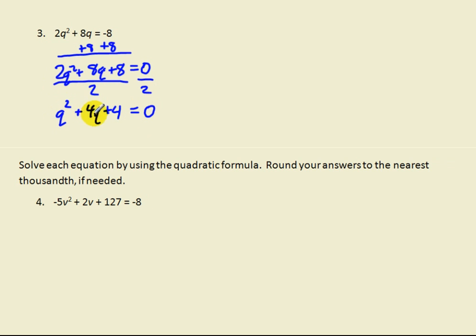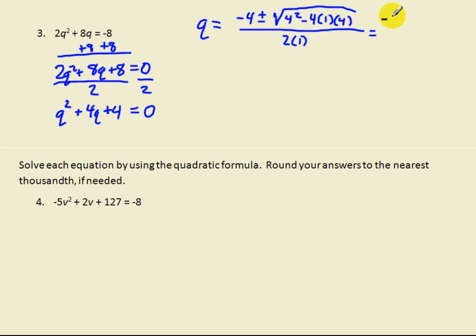And do you notice anything special about this trinomial? That quadratic is special. Let's see what happens here. We get q equals negative 4, opposite of b, plus or minus the square root of 4 squared minus 4 times a, which is 1, times c, which is 4, all over 2a.